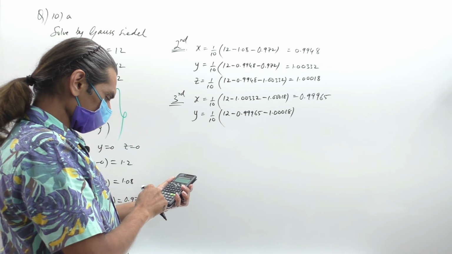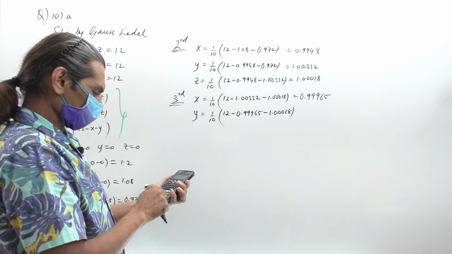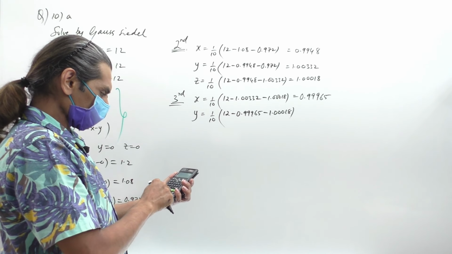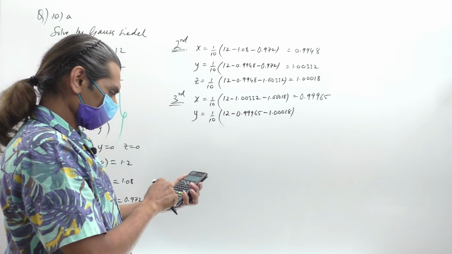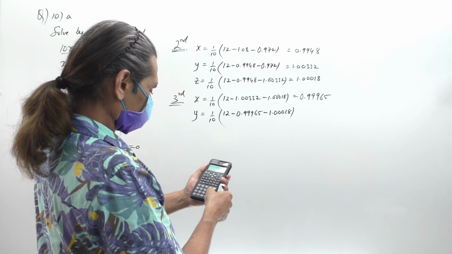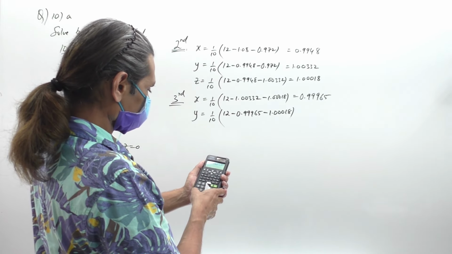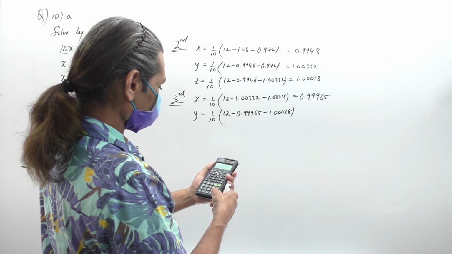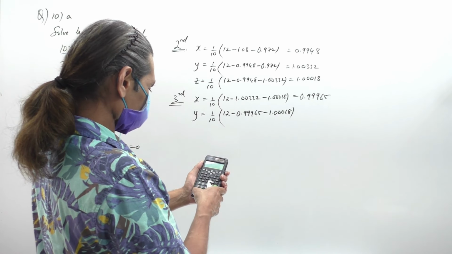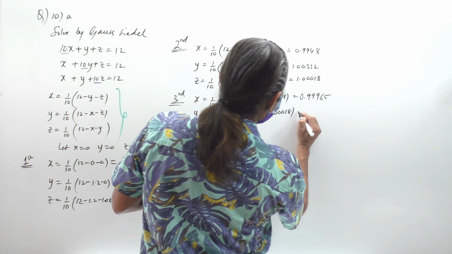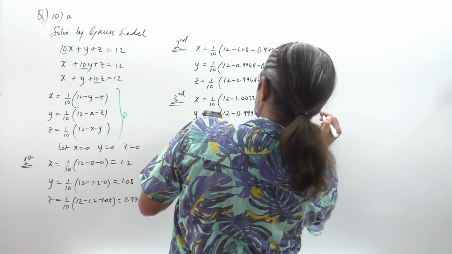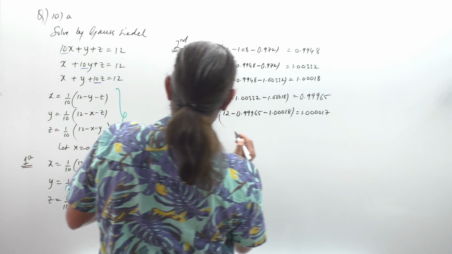So this will be again now 12 minus 0.99965 minus 1.00018, divided by 10, is equal to 1.4017. One more I'll do.